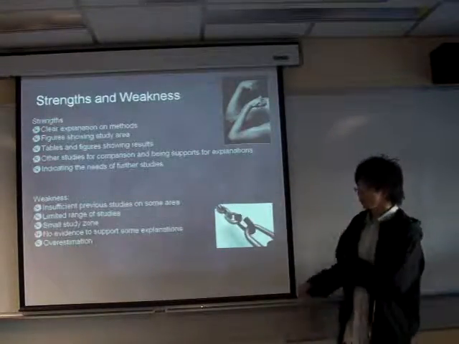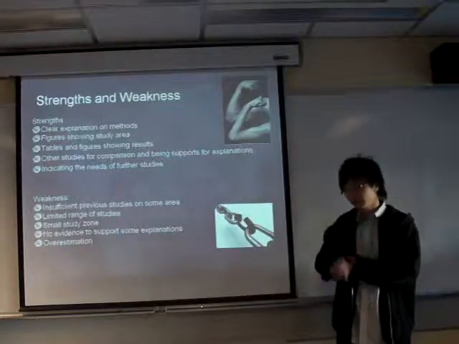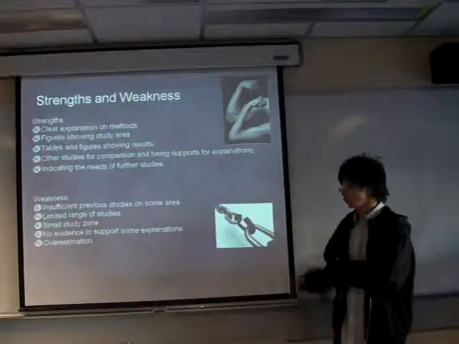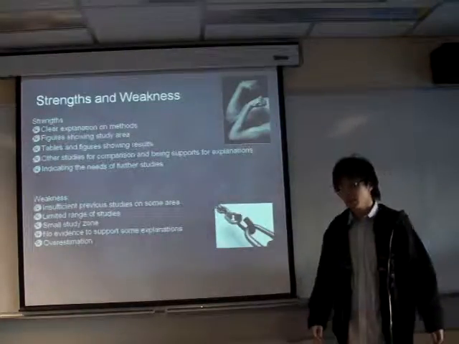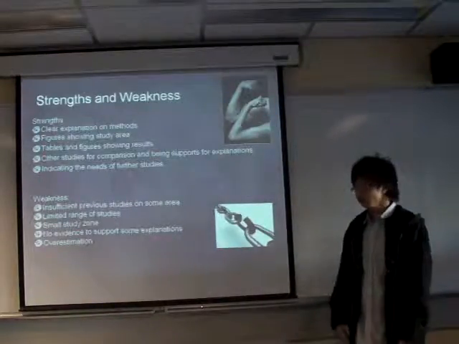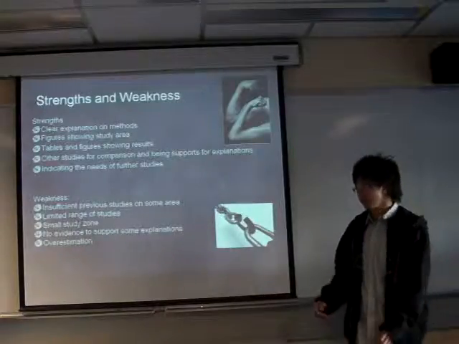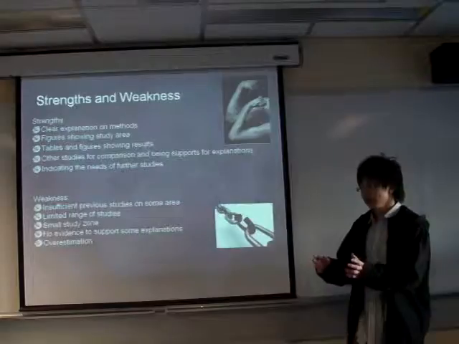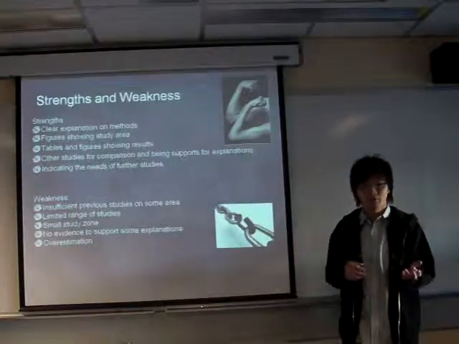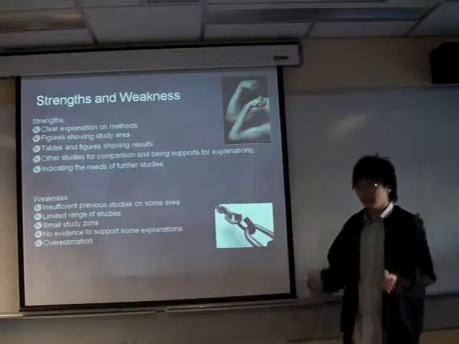And sometimes they have no evidence to support their explanation of their results. So the explanation may not be reliable, and it needs to be confirmed. And one of the studies has overestimation, so the results may not be reliable and very inaccurate.